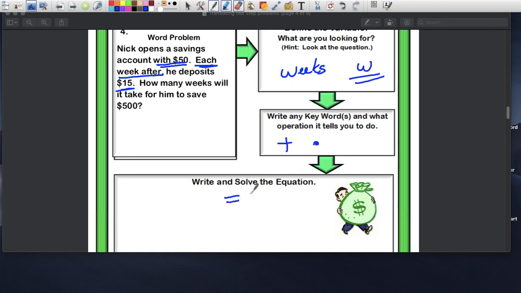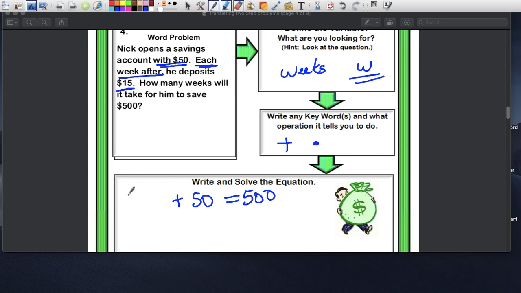So I need my savings account to equal 500. Right? So in order to equal 500, I already have 50 bucks in it. So I don't really need to save 500. I need to save a little bit less, right? 450 actually. But how many weeks is it going to take me to reach that goal?